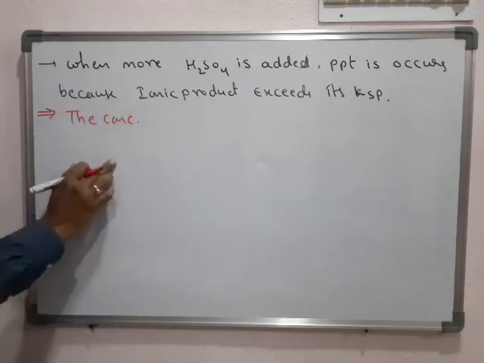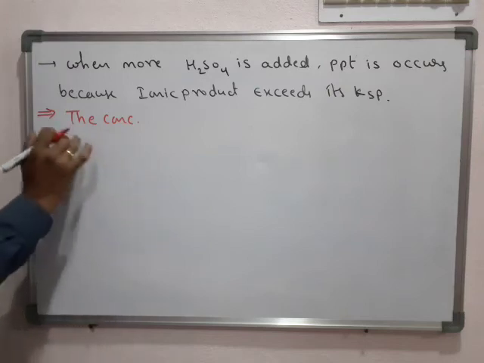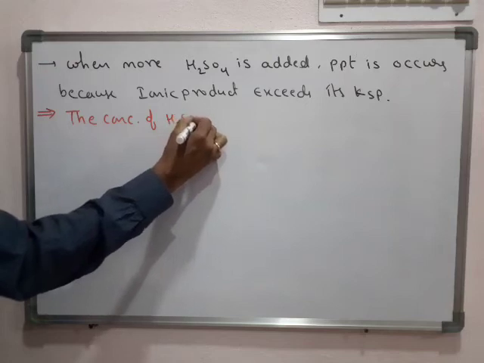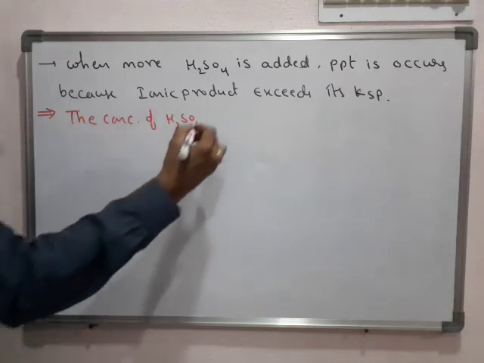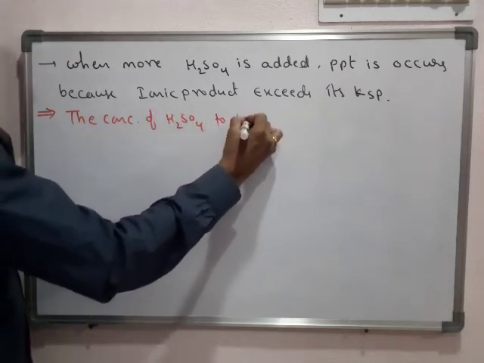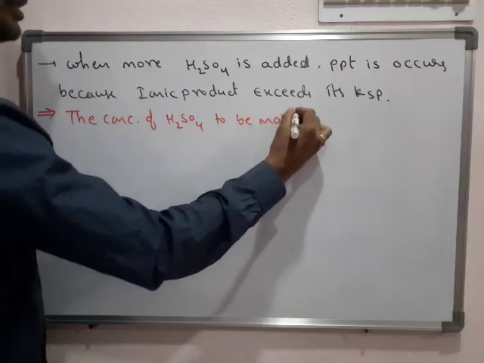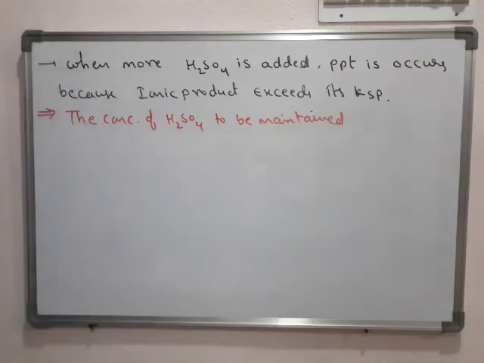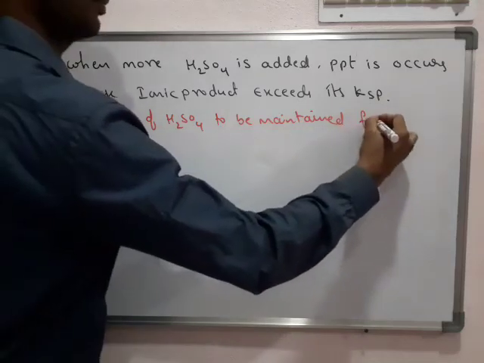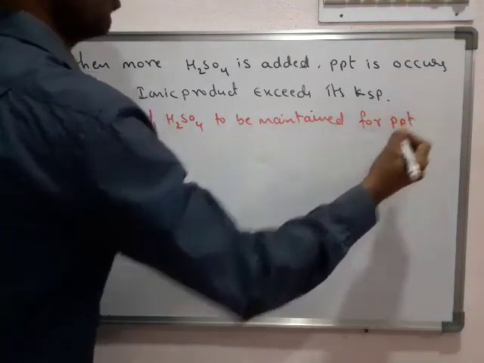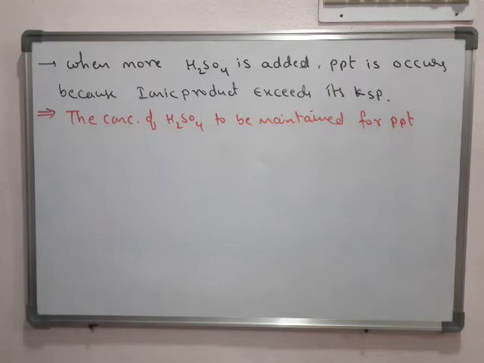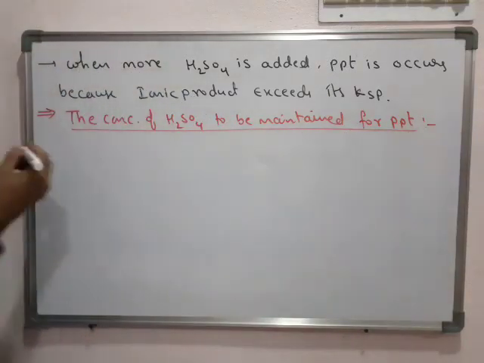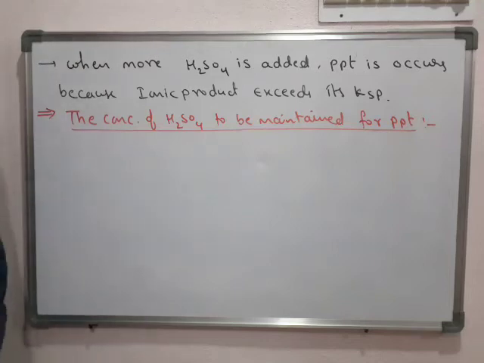For example, the constant we derive, so the concentration of H2SO4 to be used is nothing but to be maintained to get the precipitation for the formation of precipitate. So how to calculate it? So already we are taking 0.6.